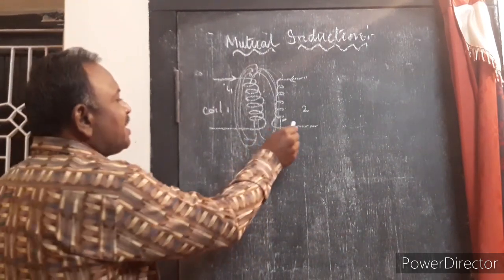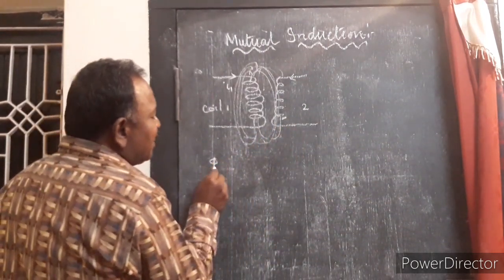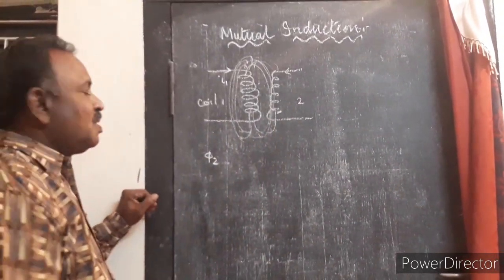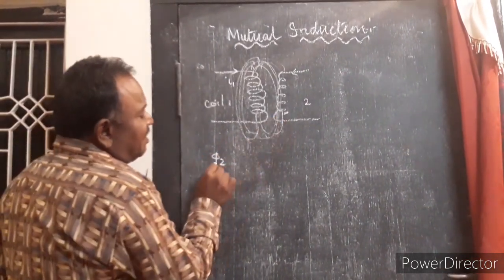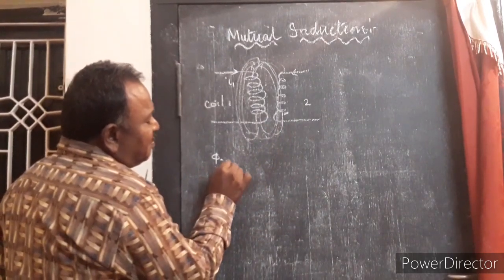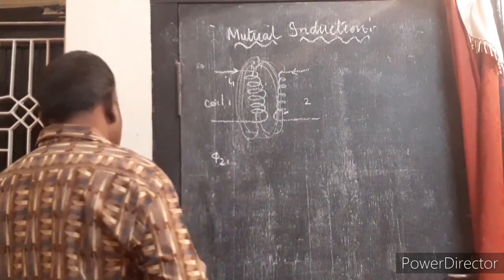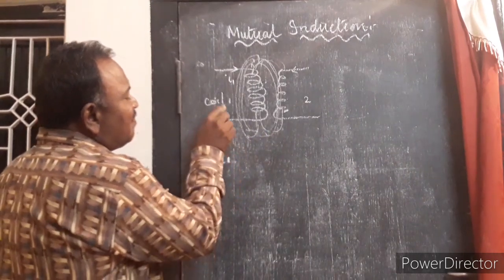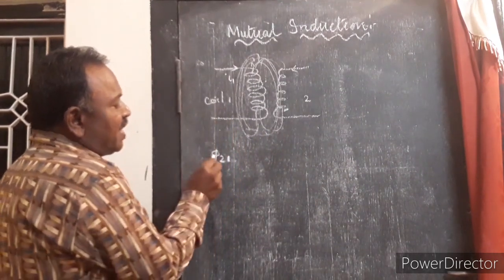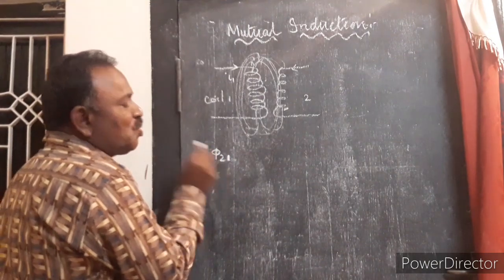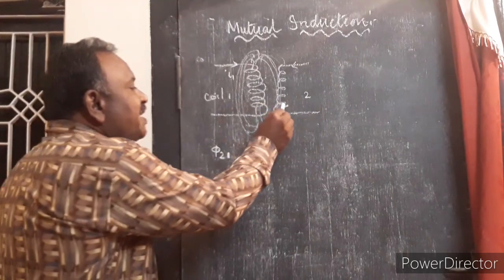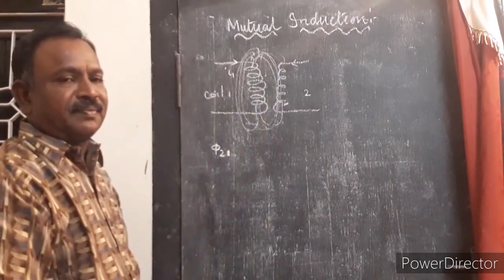Let us now consider phi 2 to be the flux linked with the second coil. So every turn of the second coil is linked with phi 2. This phi 2 flux is due to the current flowing in coil 1, so I call it phi 21, the flux linked with every turn of coil 2.